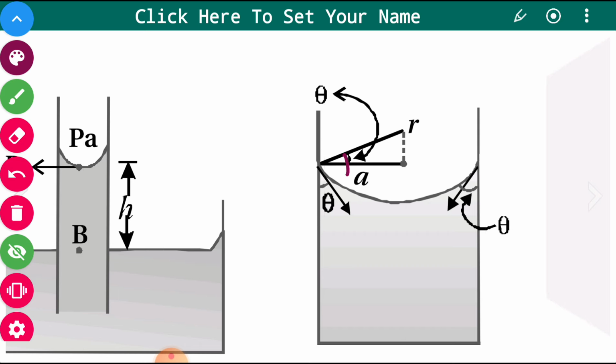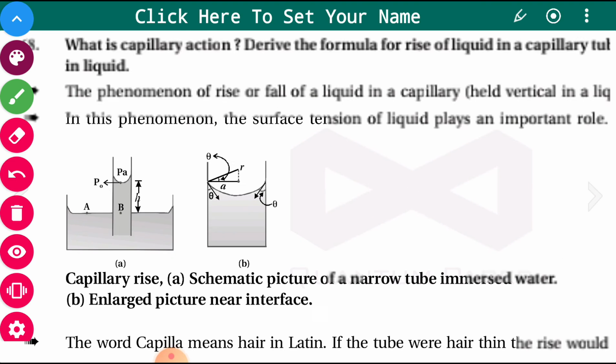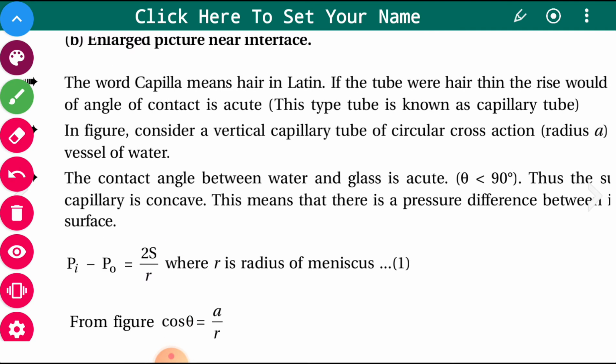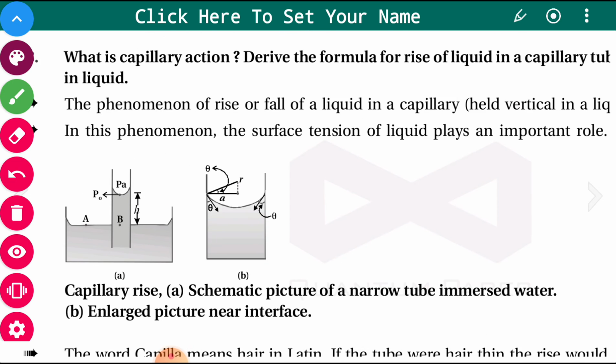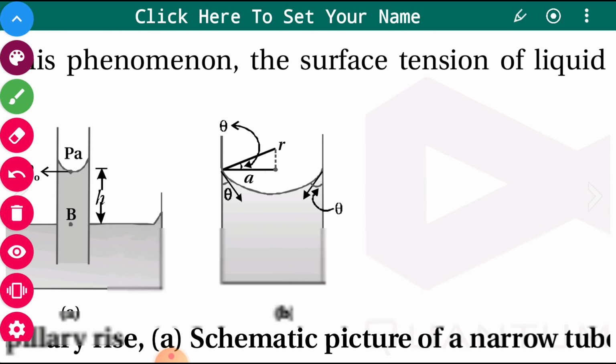Now the capillary is placed vertically upward, the liquid rises up, and that height of liquid is h. Now we want to derive the equation. Now see, the meniscus has only one surface.